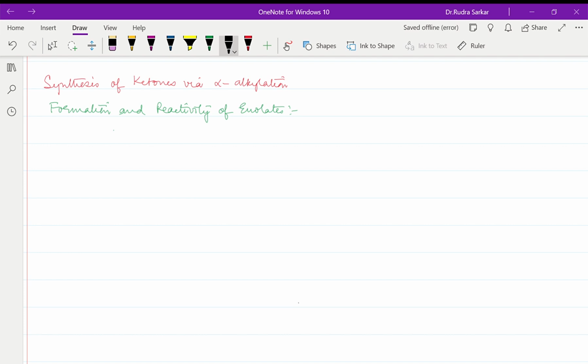Now, let us begin this lecture by saying that aldehydes such as these or ketones, where I am taking an unsymmetrical ketone, they have alpha acidic positions, which are these ones for aldehyde, and there can be two for an unsymmetrical ketone.